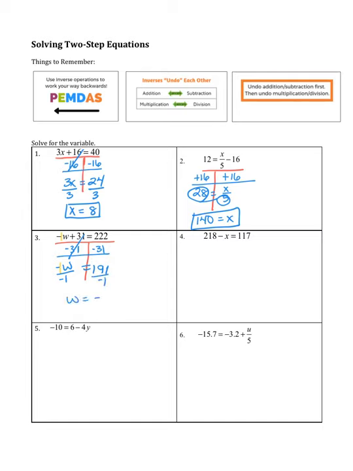W equals -191. Because when you multiply or divide signs that are the same, the answer is positive. That's what happened with our W. When you multiply or divide signs that are different, the answer is negative. That happened with our 191.